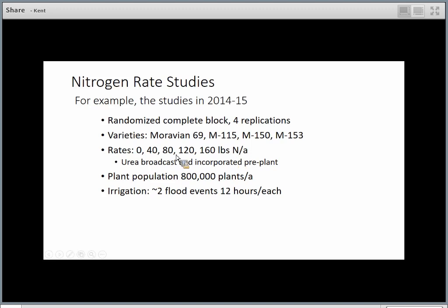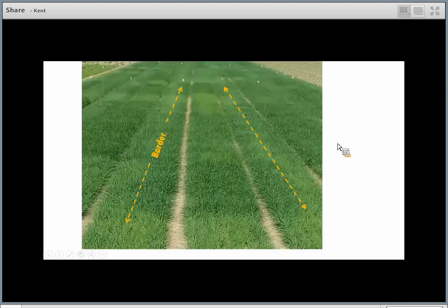We've done different rates in different years, but they've ranged from 0 to something above what the max needed would be: 0, 40, 80, 120, 160. Plant population is always around 800,000 plants per acre. We've done this under flood, 2 flood events, about 12 hours each.